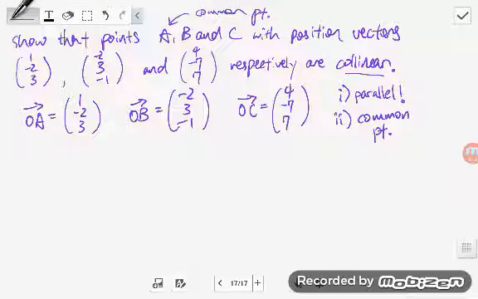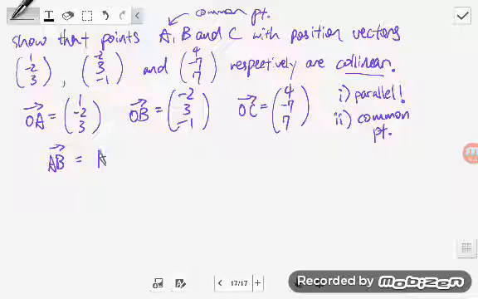Which means my AB should be parallel to my AC. Sorry, not the same, should be parallel.